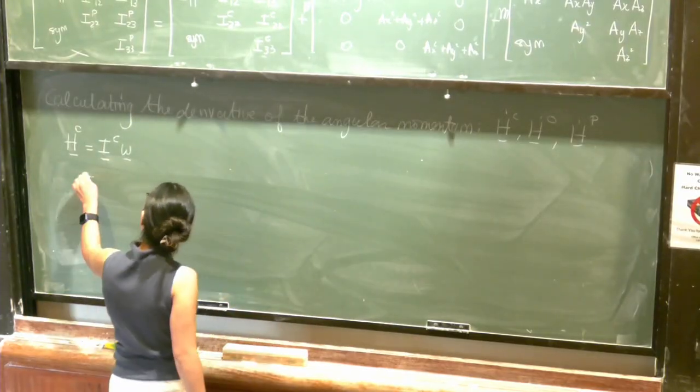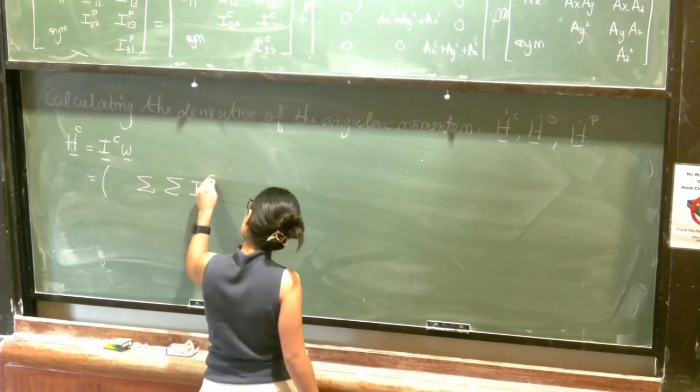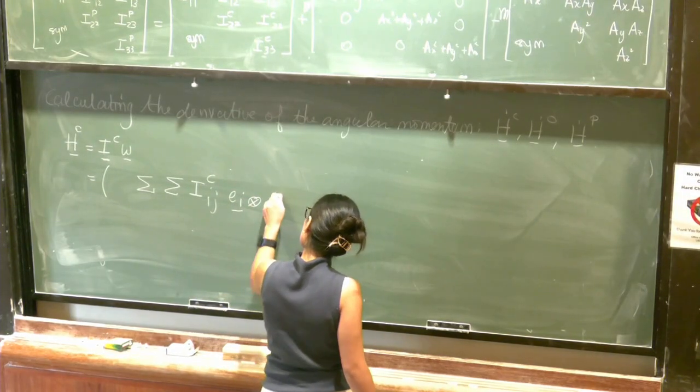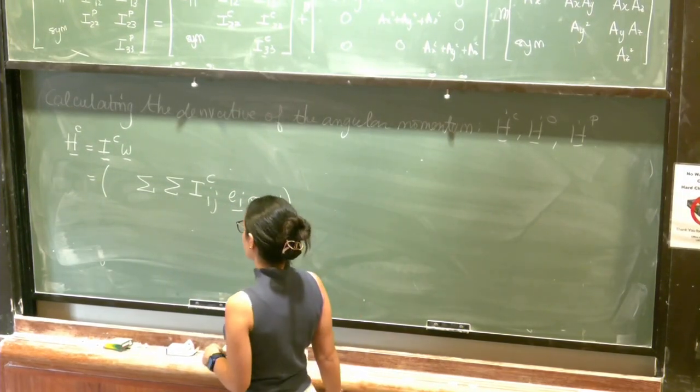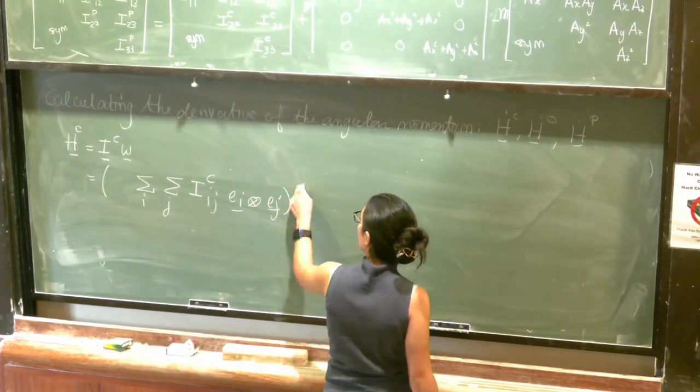So that's the tensor I_C, I_ij e_i bond e_j, applied to the vector.